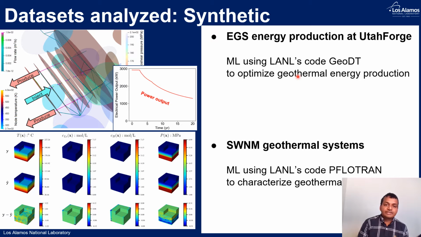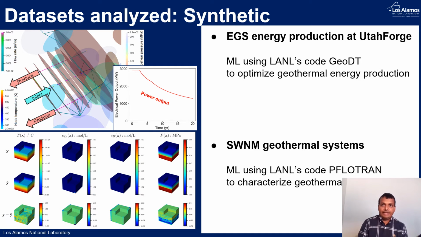The two synthetic datasets are, first, EGS, which is Enhanced Geothermal Systems, for which we consider the Utah FORGE dataset, where our main target is how much energy production we can get through this EGS. The second dataset is on Southwest New Mexico geothermal systems, where we use play fairway trend for characterizing geothermal heat sources.